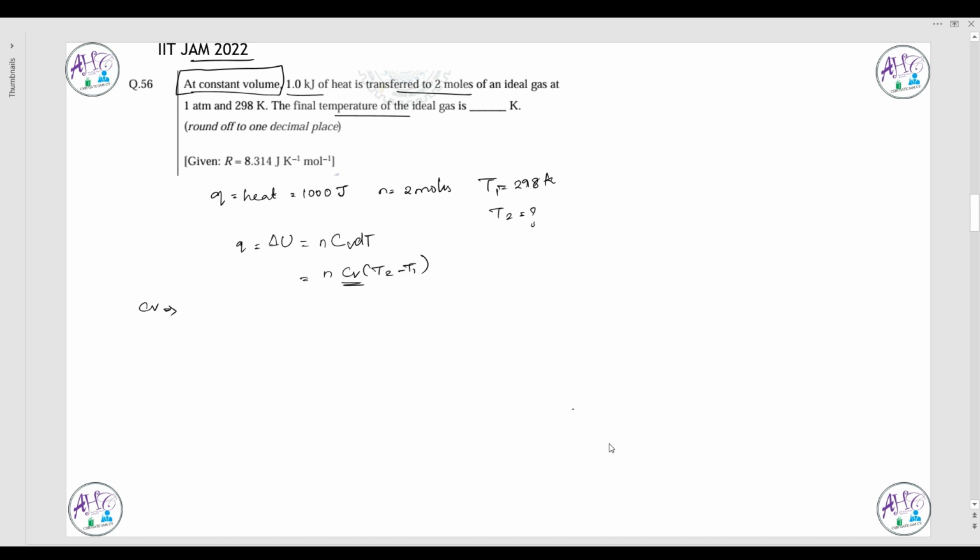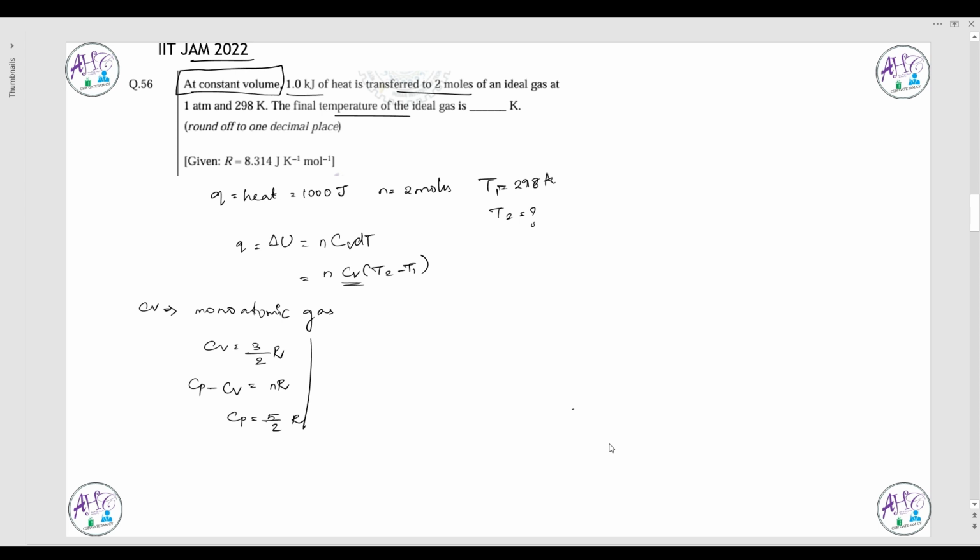So CV for a monatomic gas is equal to 3 by 2 R. We also have one more formula, which is CP minus CV equal to R, so CP value is going to be 5 by 2 R. This is for your understanding.